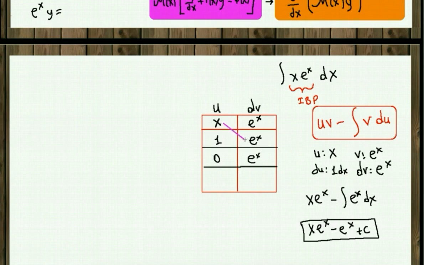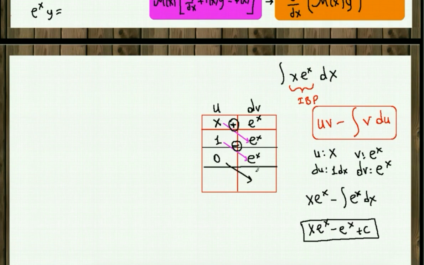And now we're going to make our arrows, starting from plus, minus, alternatively plus, minus, plus, minus. And we need to stop here because 0 times anything is 0, so it doesn't make sense.